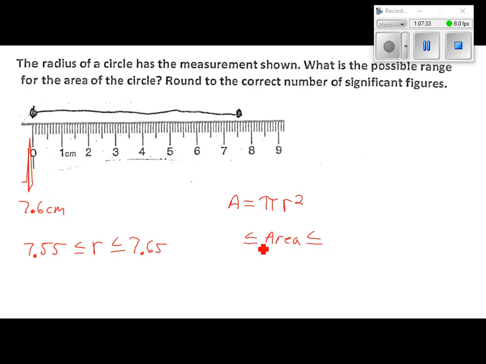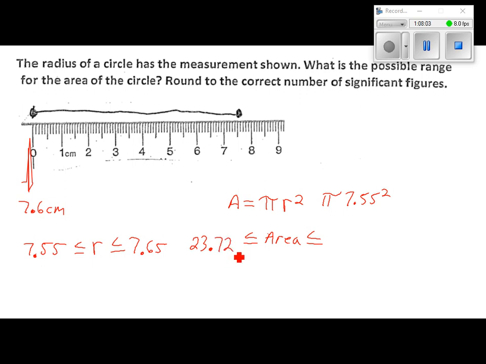What's pi times 7.55 squared? 23.719. Now let's round it off. How many places are we going to round it off to? 2. So 23.72. That's the lowest it could be.